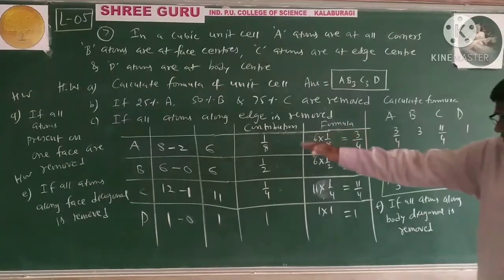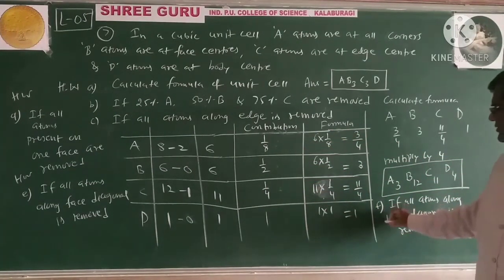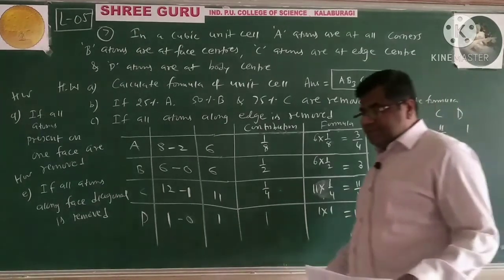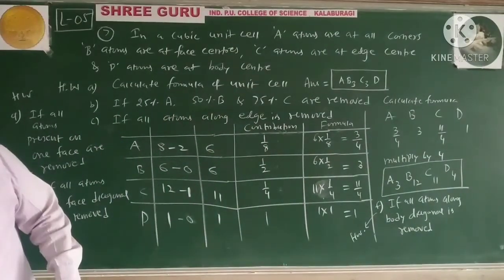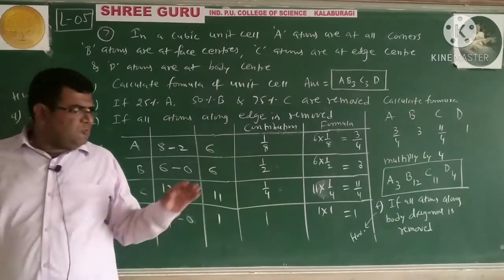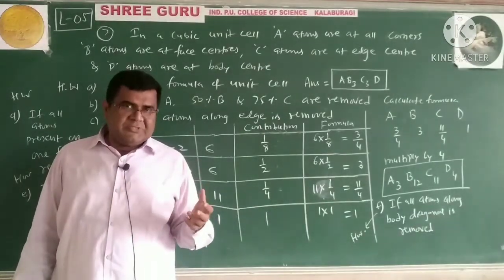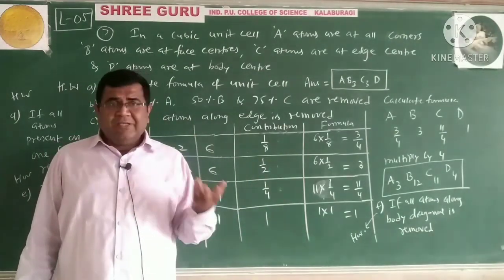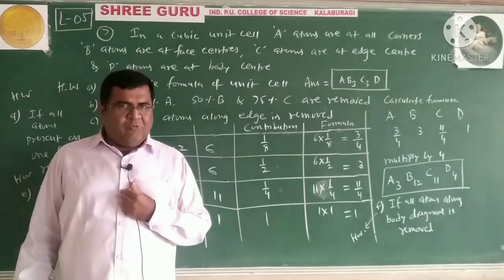So we make the table like this and get this type of formula correctly. So this is also homework for you. I sincerely hope that you will solve this homework, because once you solve this, you will have better control on the MCQs, isn't it? Because the MCQs are clearly from this part. In theory also it can be asked. So practice it. So thank you for watching this video.